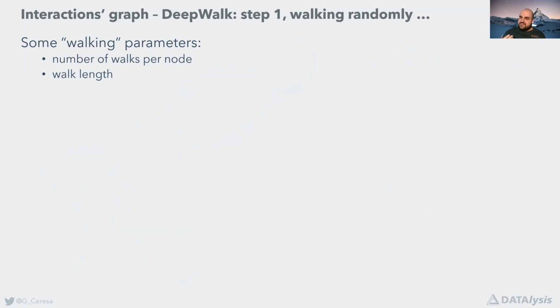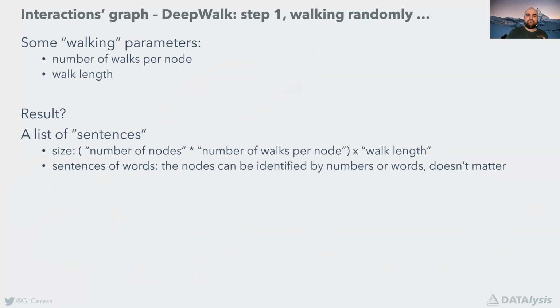There are some parameters which are part of the algorithm. So it's the number of walks per node, so how many times I start walking from every single node of my graph, and also how long my walk is. The one before was eight steps. So I can also change this one and make it longer or shorter. What is the result? It's really a list of sentences. The size is extremely simple.